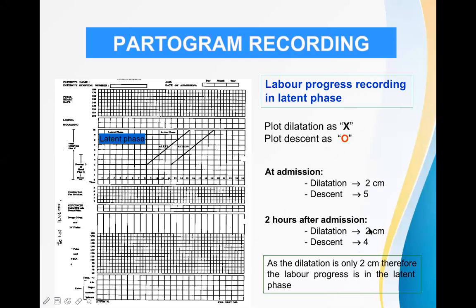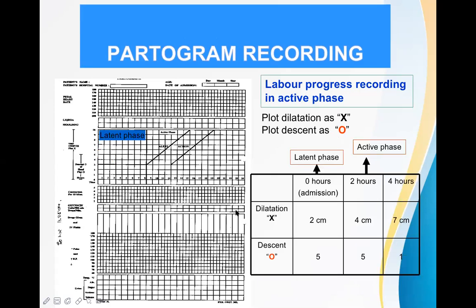After 2 hours, dilation is still 2 and descent has come down a bit. But this is in the latent phase, we are not that much worried. See this? This is the way we plot it. And it has come down a little bit, but the dilation is a straight line, means it has not progressed.